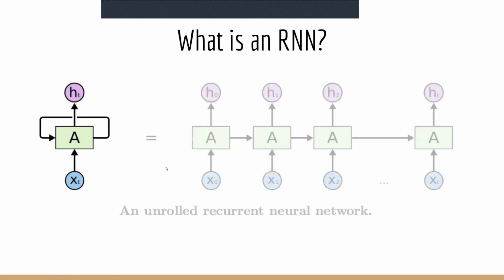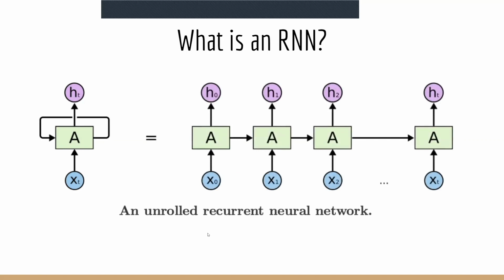Now, how you can think about it is you can actually unroll the RNN in time. Each of these would be the network doing some processing at a certain time point. So at time equals 0, it takes in this input x0, produces this output h0.